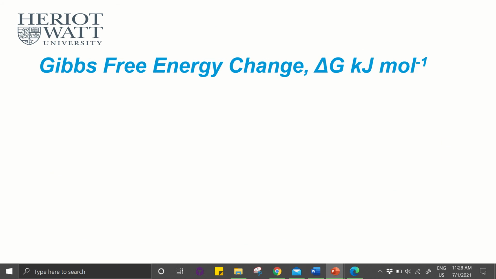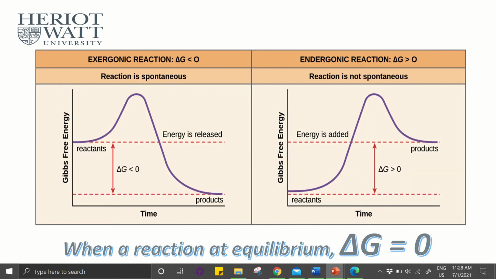And looking at this Gibbs free energy, we can see from this graphical presentation, when your Gibbs free energy is less than 0, or a negative value, they call it an exergonic reaction, not exothermic. In this case, it's exergonic, and the reaction is spontaneous.